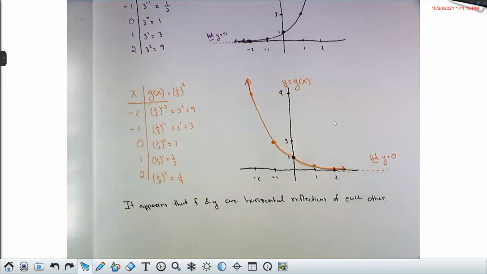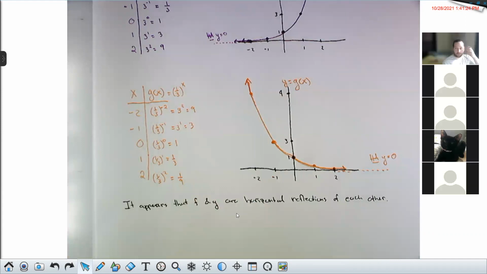Does anybody remember the way to describe, using algebra two, functions which are horizontal reflections of each other? Like if I want to take my parent graph and flip it over the y-axis, what's the formula for that?